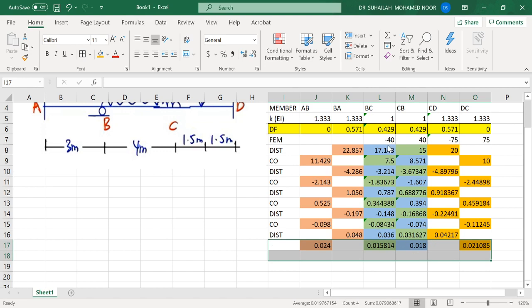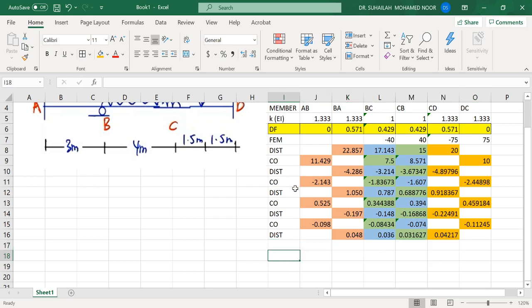So the last carryover we must delete, because I don't want the last carryover. The last must be distribution. So how many distributions? 1, 2, 3, 4, 5. Normally 5 times or 6 times only, then we get 0. If not, we can continue again until we get 0 value.